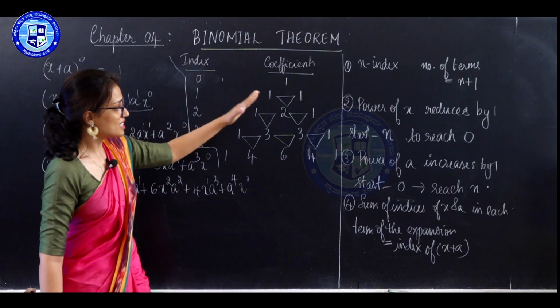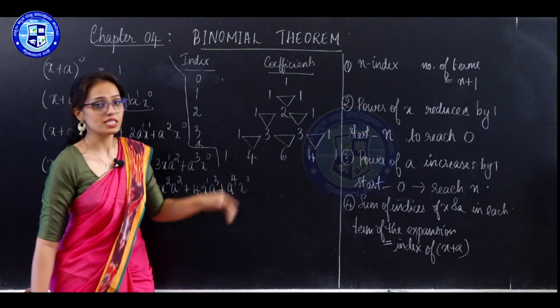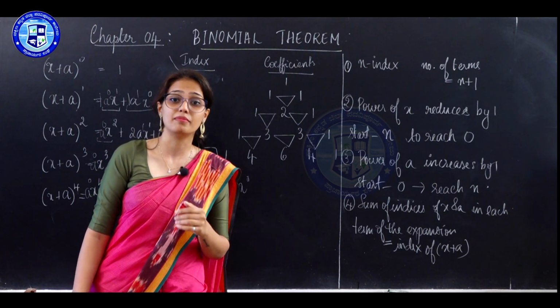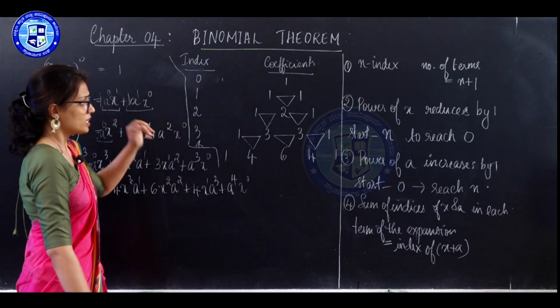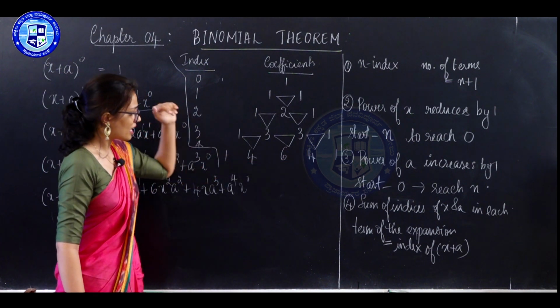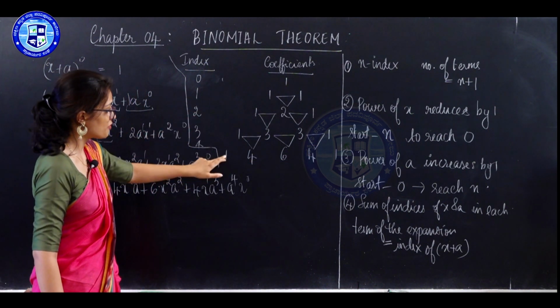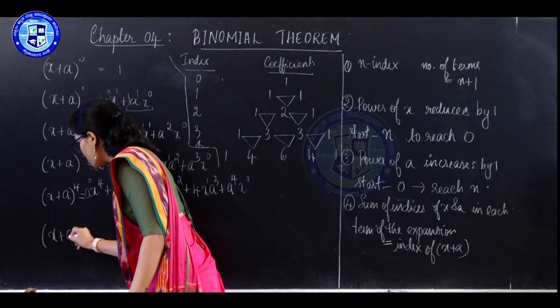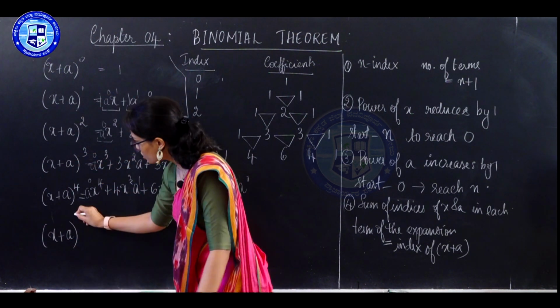So this particular array of numbers is called Pascal's triangle, or it is also called Meru Prastara. Using this pattern, it is now very easy for us to write the coefficients of x plus a to the power 5.